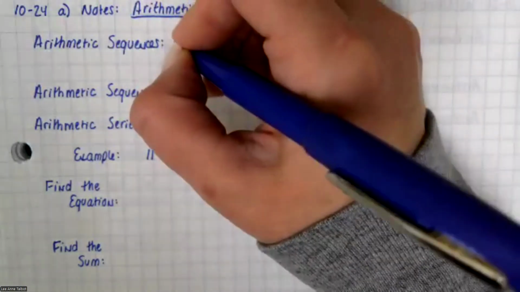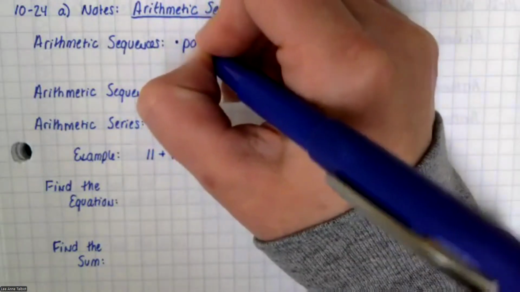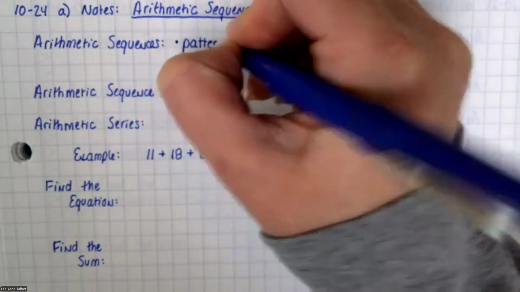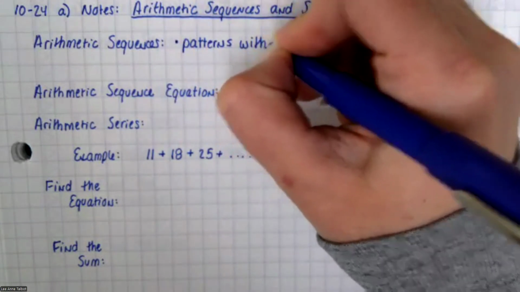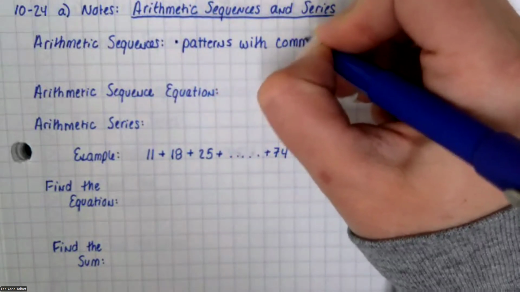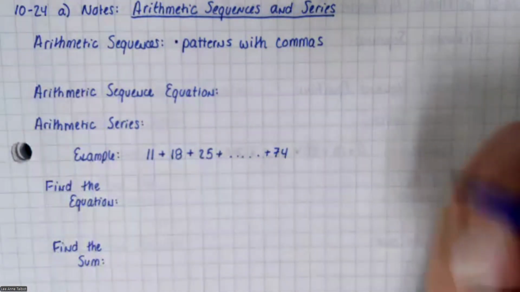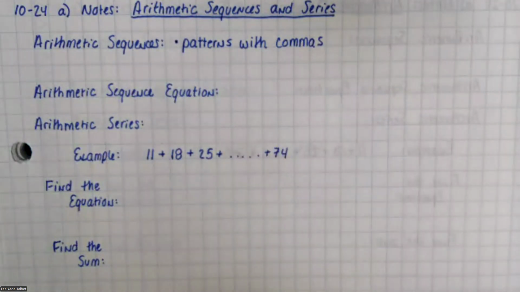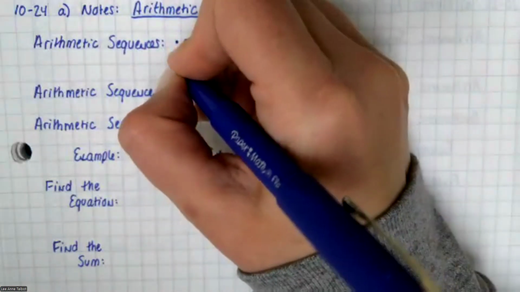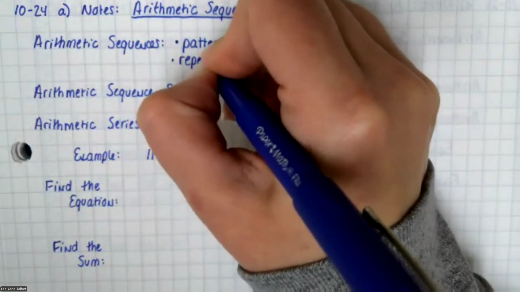Arithmetic sequences are patterns with commas.